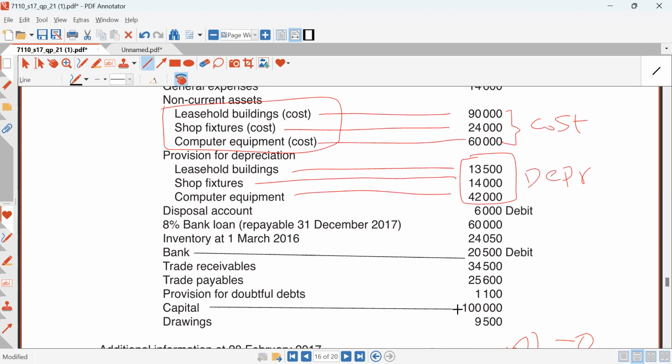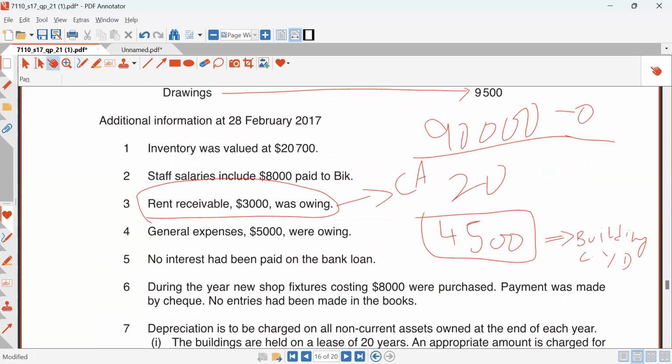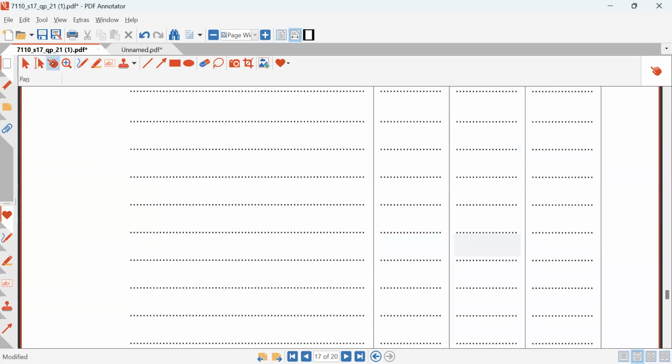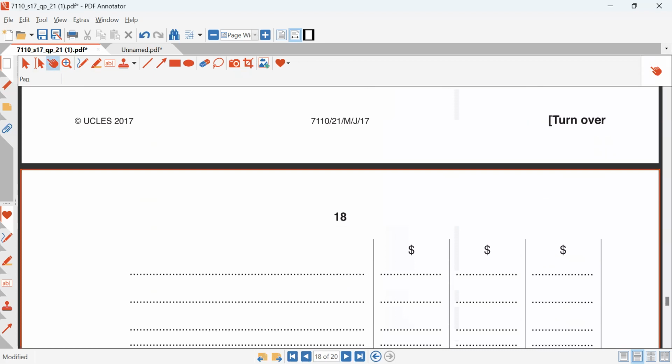That is going to be my capital at start of the year. This is the value of drawings, but there is one adjustment for drawings. And loss we had already calculated. Loss is 13,500. We have already calculated loss from the income statement. That is 13,500.